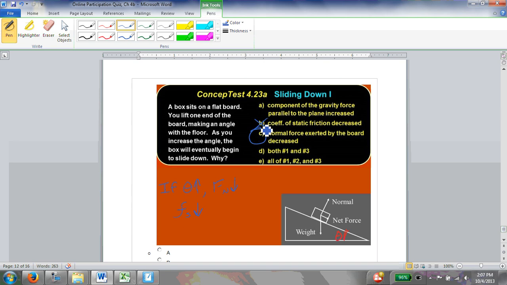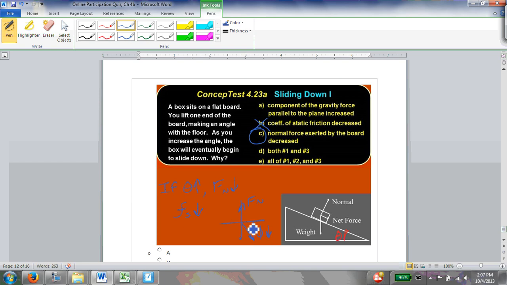Now let's look more closely at option A. The component of the gravity force parallel to the plane increases. I'm going to draw these force vectors, my normal force there and my weight here. As I increase theta, that means that this angle will decrease. I'll call this angle phi. As theta increases, phi decreases.